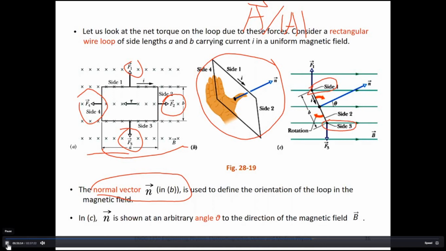In this case, the n vector is pointing along the blue line here, and this n vector will have an arbitrary angle theta with the B field. So this theta will be involved in the calculation. What is the magnetic force on side 2 and side 4?